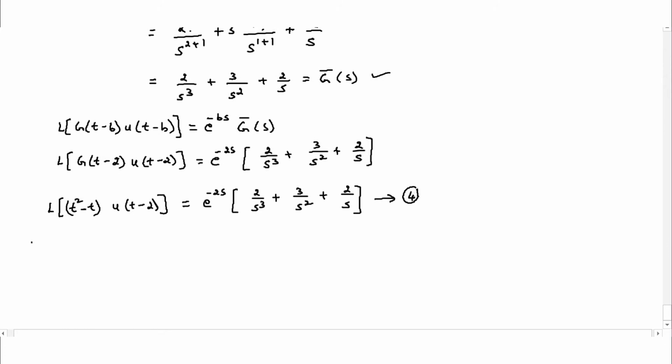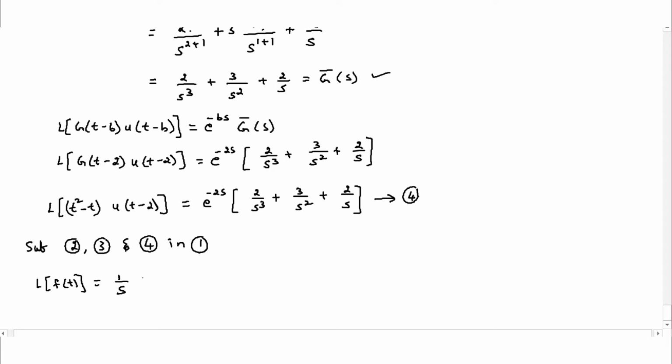We need to just plug in equation number 2, equation number 3 and equation number 4 in equation number 1. Check all these equations. So I will be getting equation number 1 to be Laplace transform of f of t is equal to, the first term is your equation number 2, which is 1 by s.